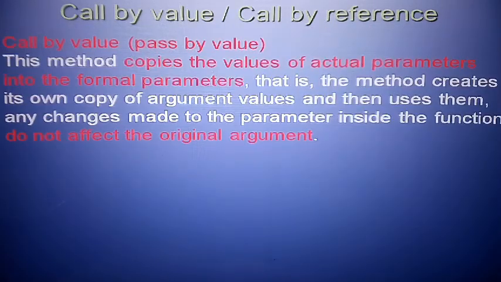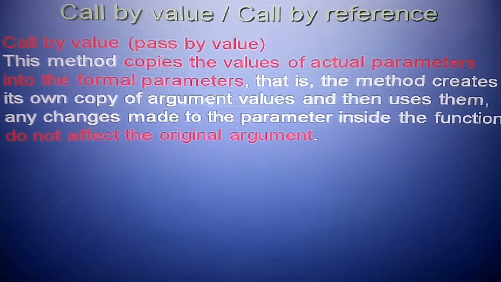There is a difference, and the most important one is call by value and call by reference. So we discuss them one by one. Call by value: this method copies the value of the actual parameter into the formal parameter. So call by value always gives a copy to the function. The function can change anything, but the actual value remains, because you have given only the copy.